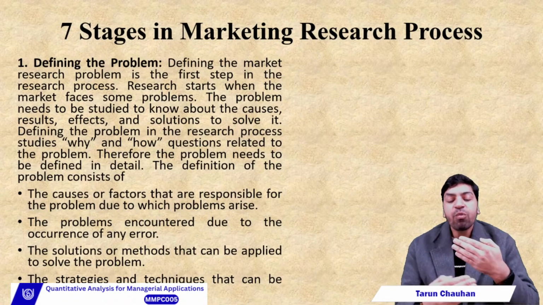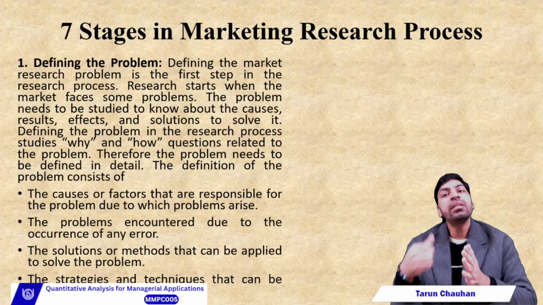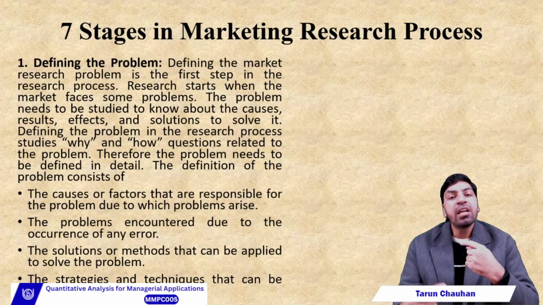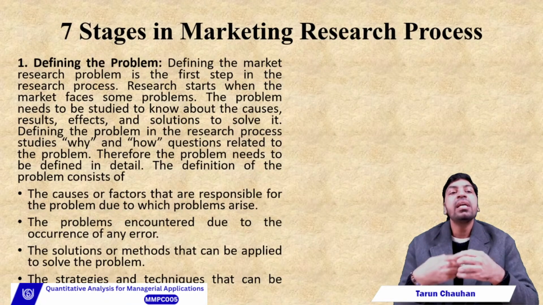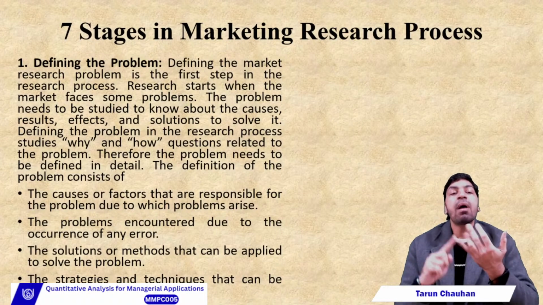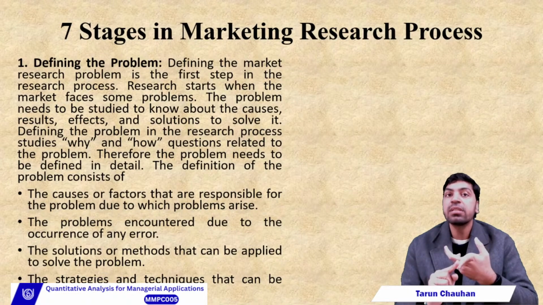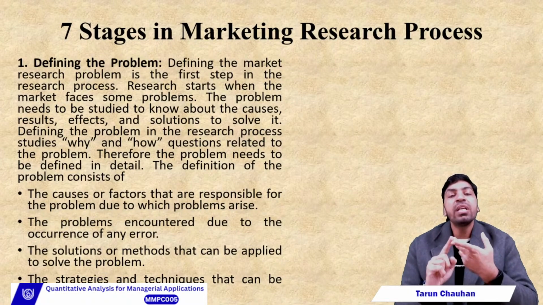And accordingly, once the researcher identifies the issues and concerns in the market and finds the possible solutions, then the researcher has to study the causes, the results, the effects, and the solutions of the problem which occurred in the market.